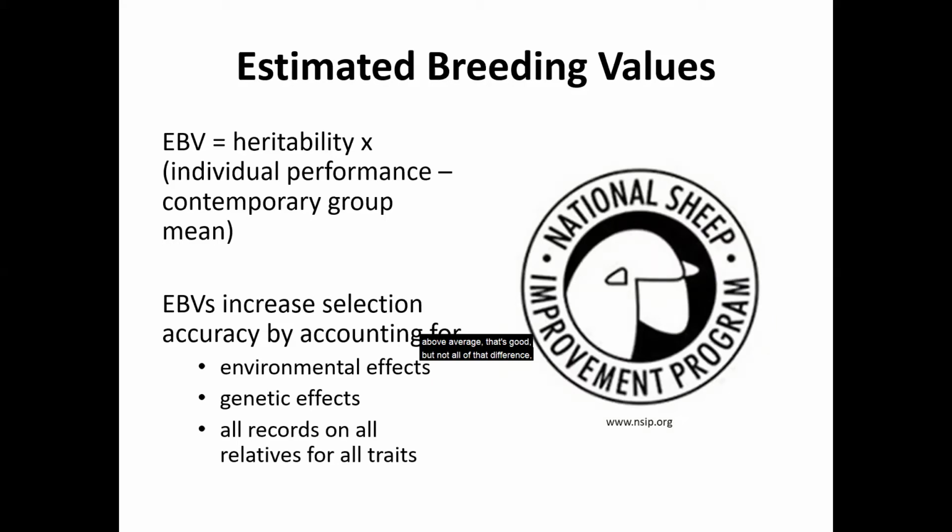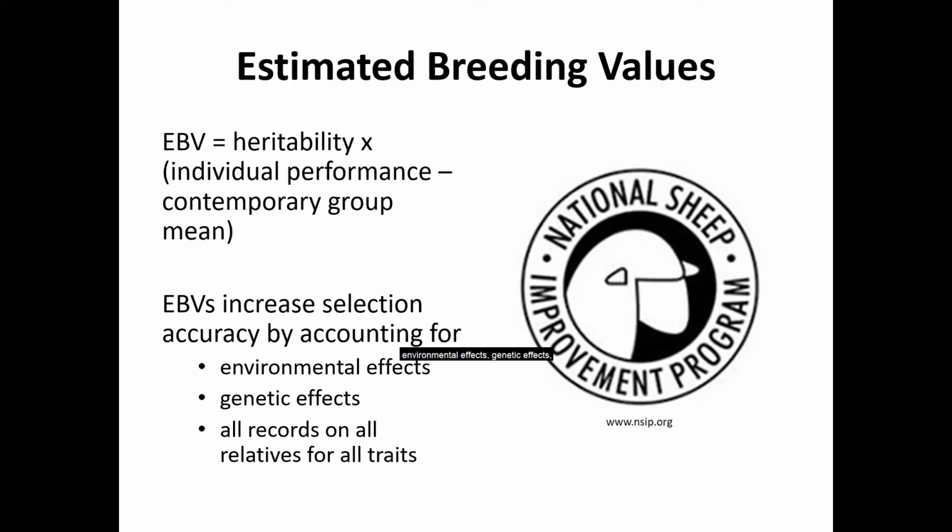Contemporary group means similar sex, similar age. And so if an individual performs a certain amount above average, that's good, but not all of that difference is attributable to genetics. The heritability allows us to determine how much of that phenotypic difference is attributable to additive genetics.